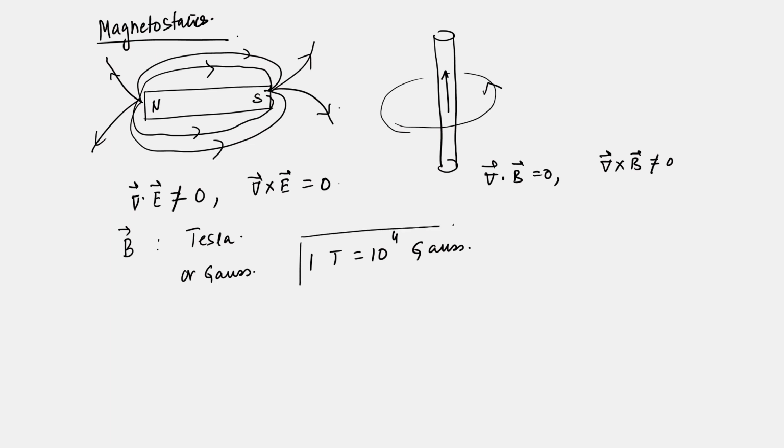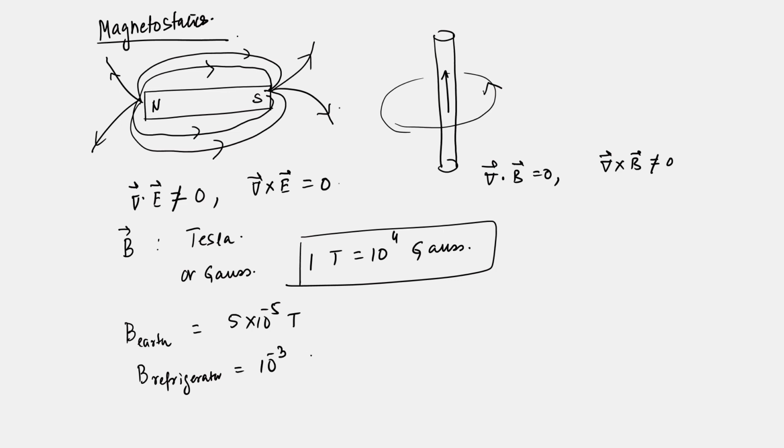If you want to know what kind of magnetic fields we have around us, the Earth has a magnetic field B of about 5 into 10 to the power minus 5 Tesla, and the home refrigerator that we use in the kitchen has a B of nearly 10 to the power minus 3 Tesla.